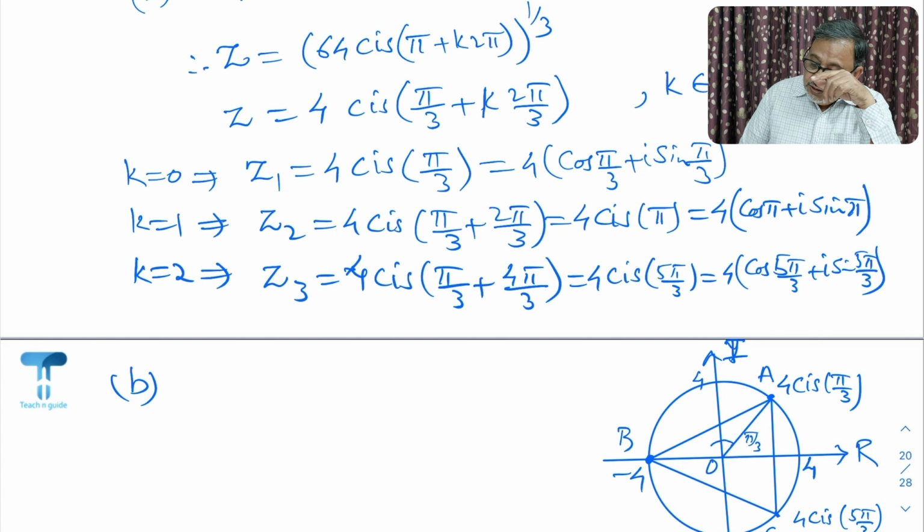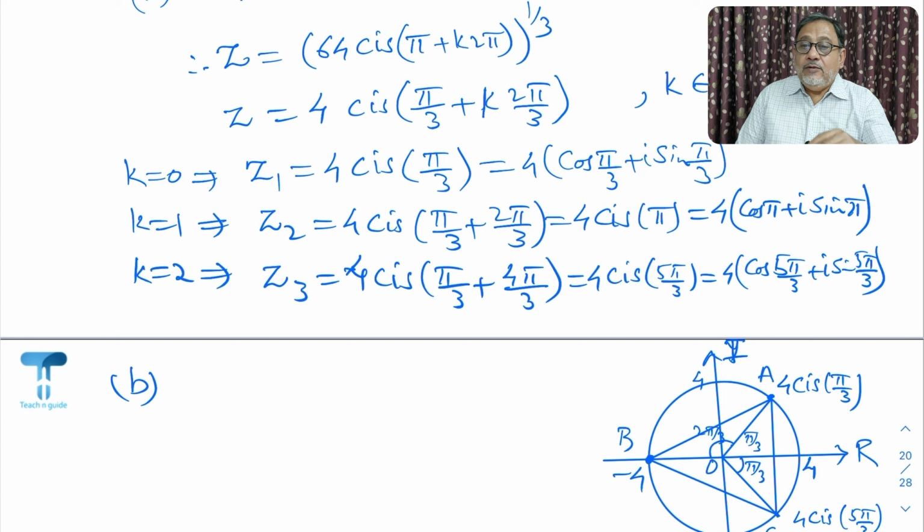Then this angle will be how much? This angle will be pi minus pi by 3, so it will be 2 pi by 3, right? And here also we will draw one line, and this is also pi by 3 but negative pi by 3. So no problem.